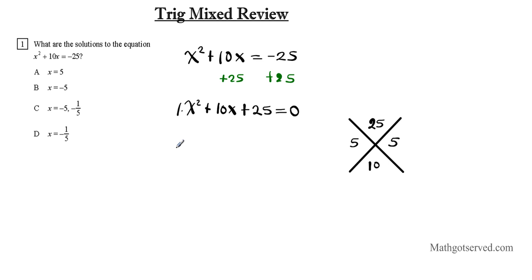So we can write this as x squared plus 5x plus 5x plus 25, replacing the middle 10x with 5x plus 5x, which is the same thing. We'll partition it down the center and factor by grouping.